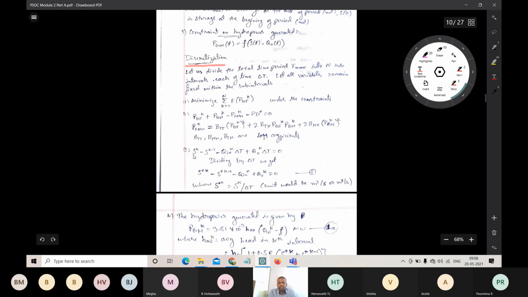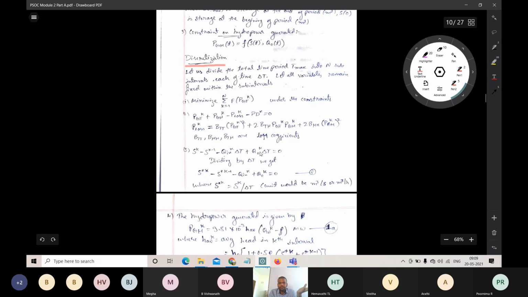S k is the storage of water at the kth interval. S k minus 1 is the amount of water stored at the k minus 1 interval. And Q in delta T is the amount of water flowing into the reservoir at the kth interval. Here K is the total number of intervals, and T is the time interval for which the plant is running.